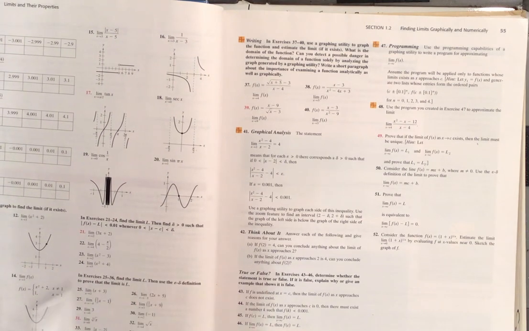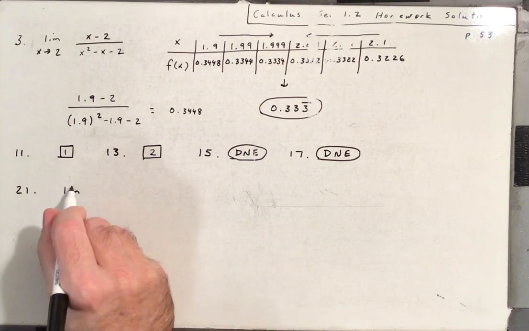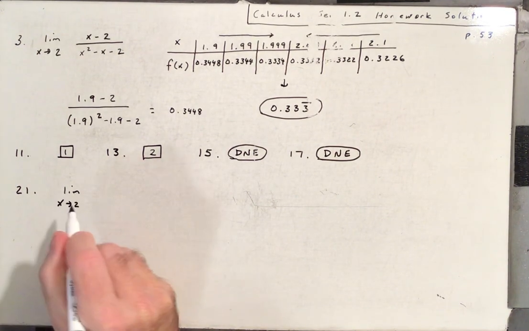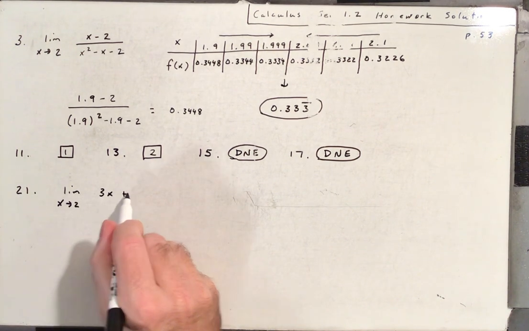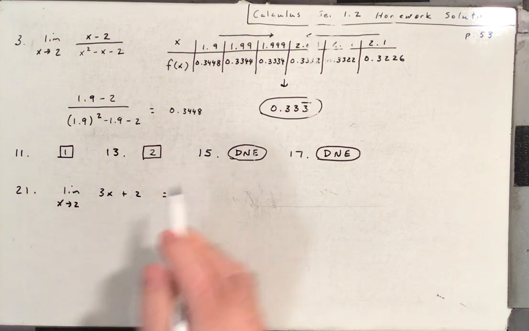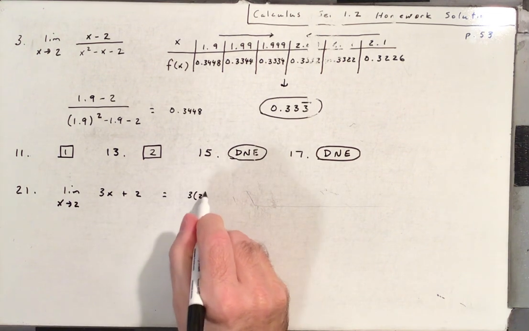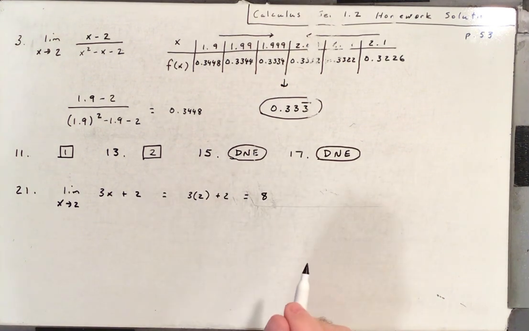We want to find delta. Number 21, the limit as x approaches 2 of 3x plus 2. Well, we plug in and get 3 times 2 plus 2. So the limit is 8.